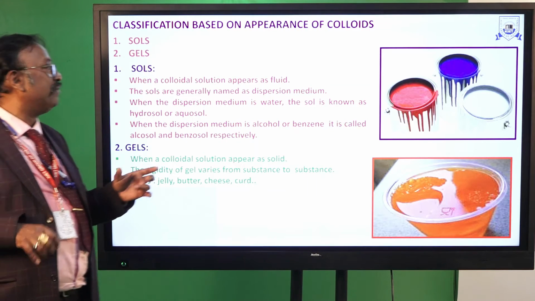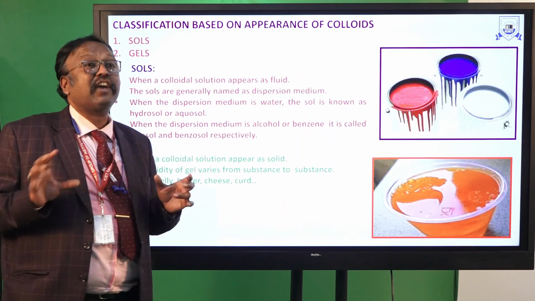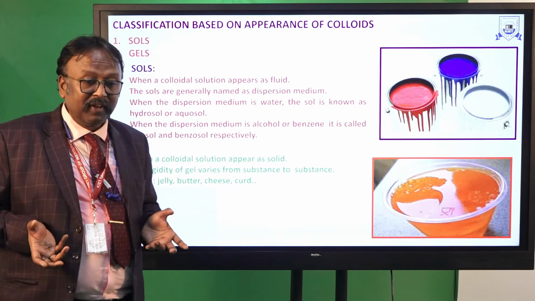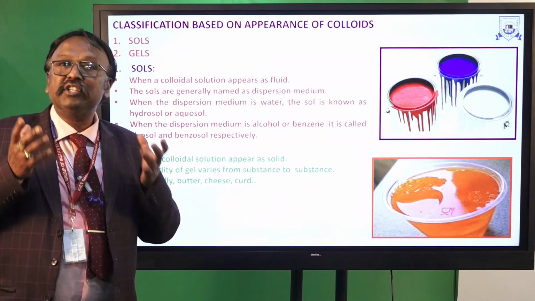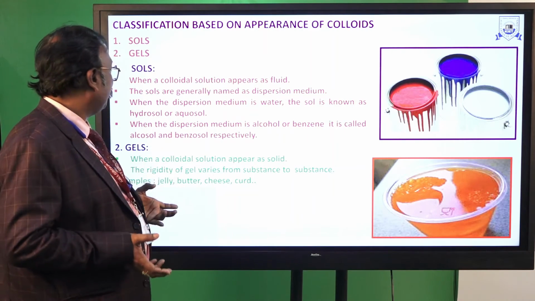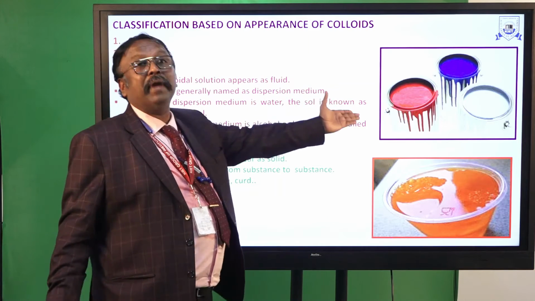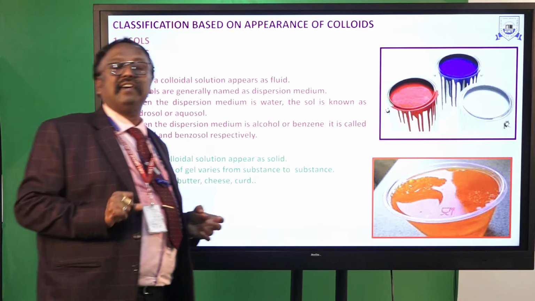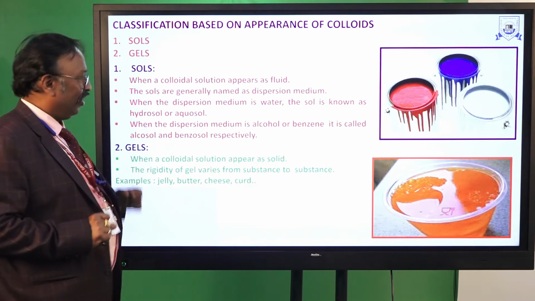When the dispersion medium is water, the sol is known as aquasol. When alcohol is used, alkosol. If the dispersion medium is benzene, that is benzosol. All the paints are examples of sol.